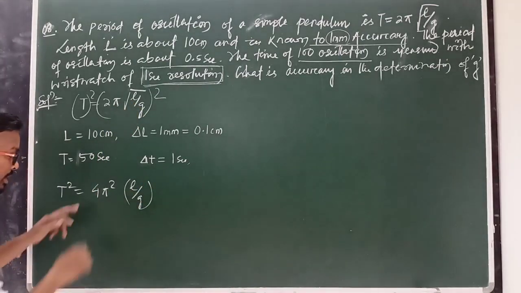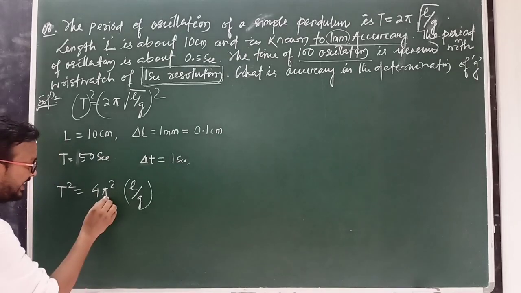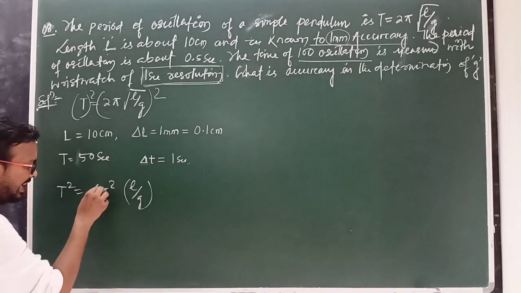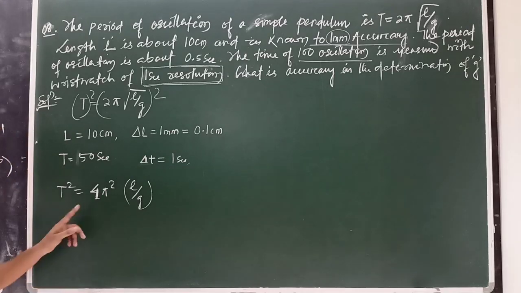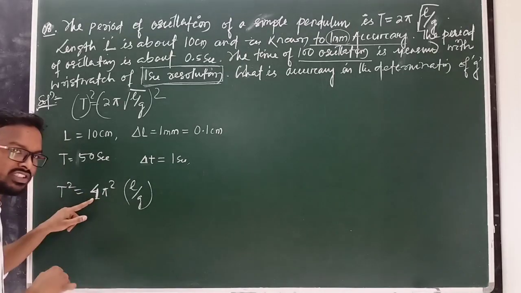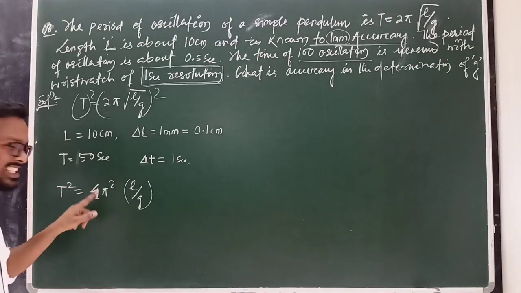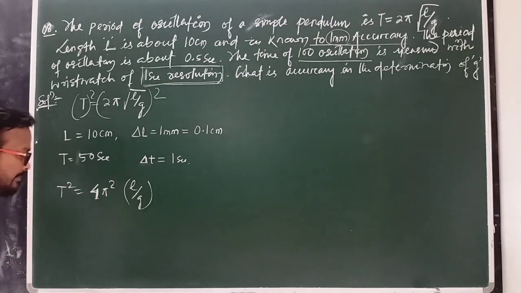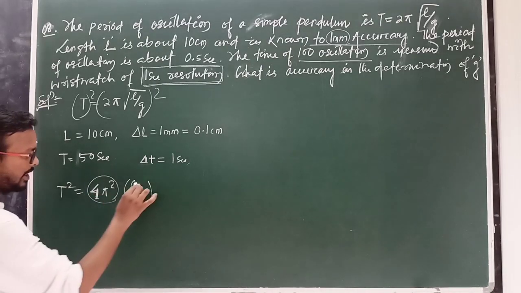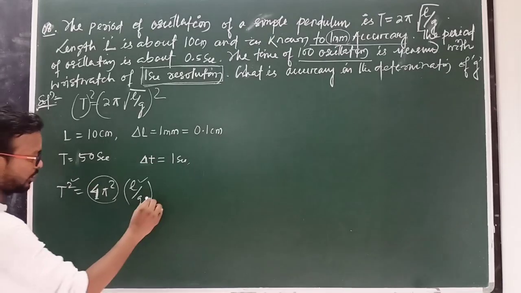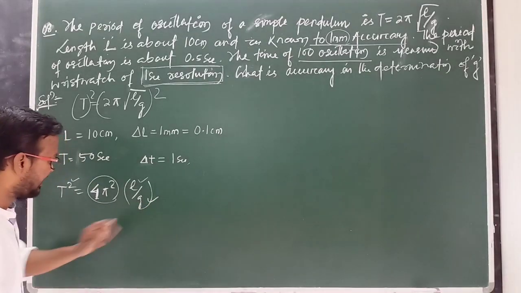Clear? But here 4 pi square is a constant quantity and it doesn't possess any error. Clear? This is constant, 4 is constant, and the value of pi is 3.14, which is also constant. So the error consists of L and T, and we have to calculate the error in G. Clear? But we have to find G here.